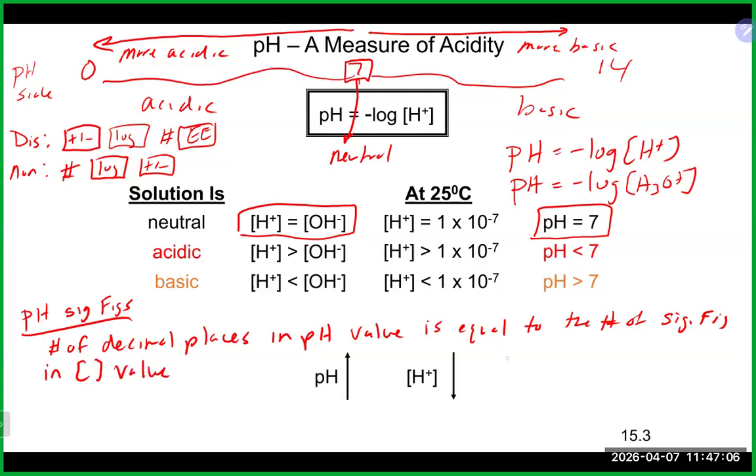So, for example, we had an H plus concentration of 1.2 times 10 to the minus 4. Why don't you calculate the pH here and see what you end up with?